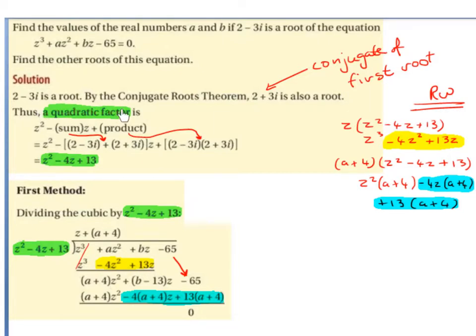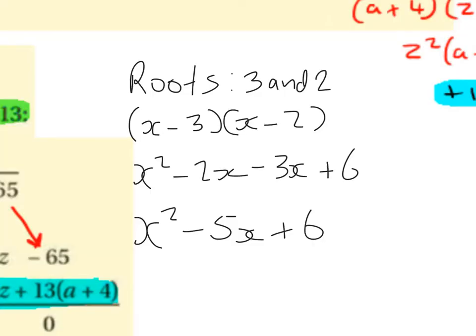Thus, a quadratic factor is z squared minus the sum of the roots times z plus the product. We know from algebra that if we had the roots of an equation to be 3 and 2, that would mean the factors are x minus 3 and x minus 2.